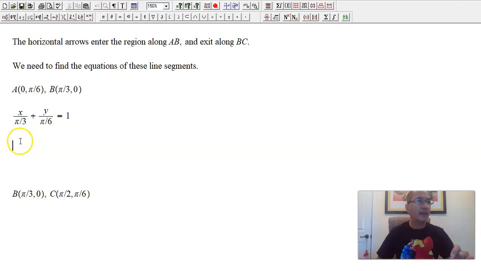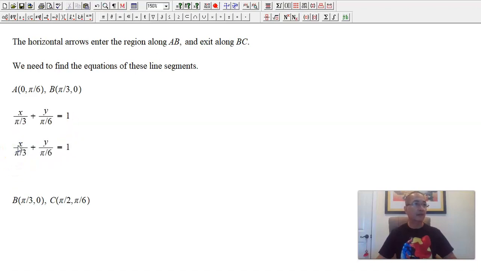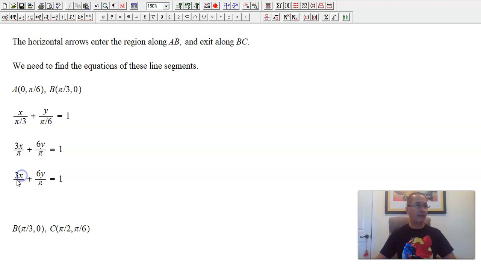Let's simplify the left side a little bit. So we have 3x over pi, flip the fraction, and 6y over pi. Flip the fraction, and then get rid of the pi, right? So we have just 3x and 6y and pi. So now solve for x.